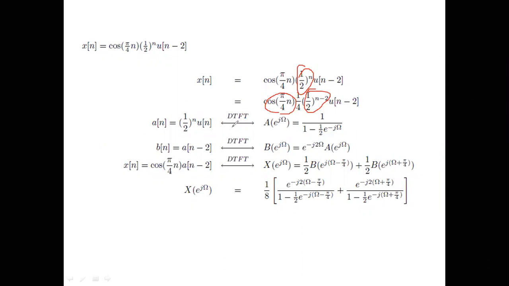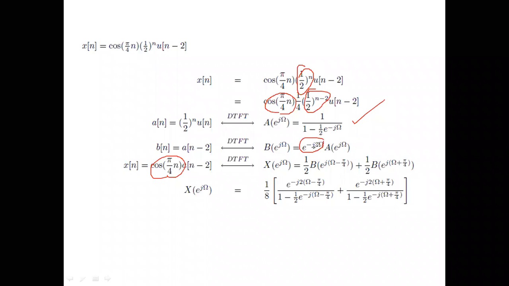Okay. So first thing we will get is half to the power n into u of n, which is this. Half to the power n minus 2 into u of n minus 2 is multiplication by an exponential. Then afterwards a multiplication by a cos, right? Introduction of an exponential in the time domain, right? So if I multiply by an exponential in the time domain, what will happen?